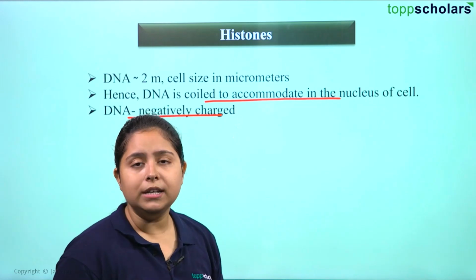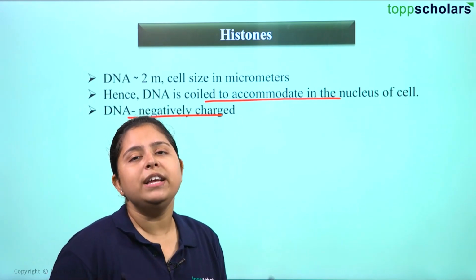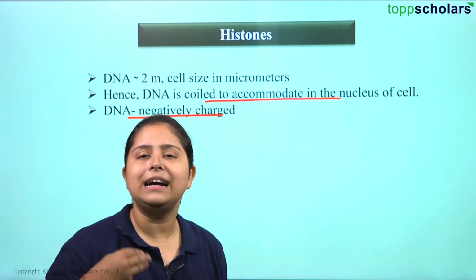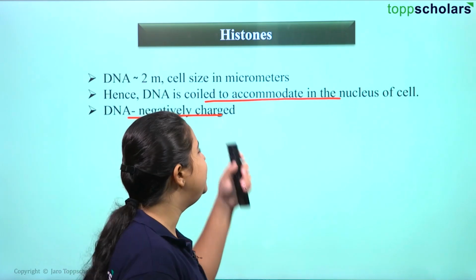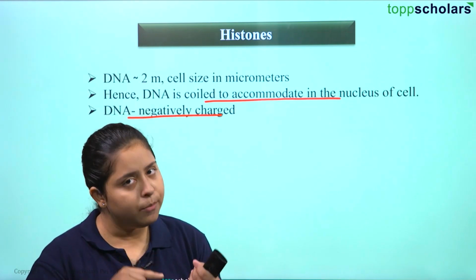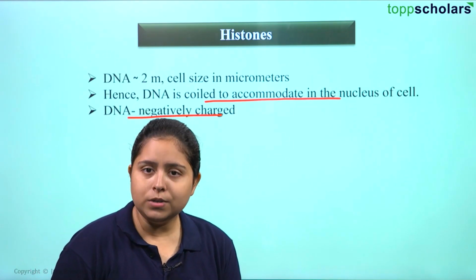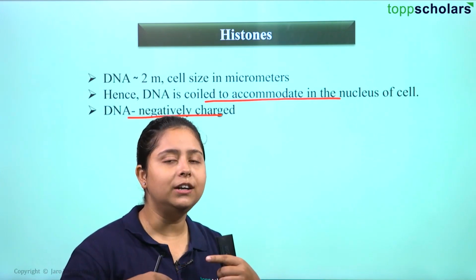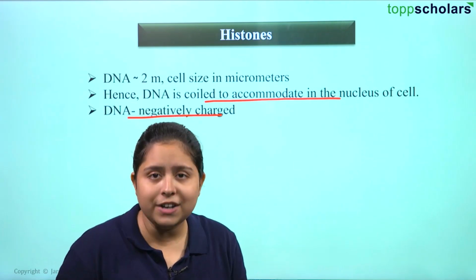Since these are proteins, these have positively charged amino acids present in them which imparts a net positive charge to histones. And now as you can imagine, we have positive charge for histones and negative charge for DNA. Now they can wrap onto each other and form a condensed structure.